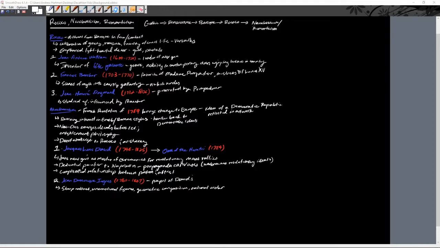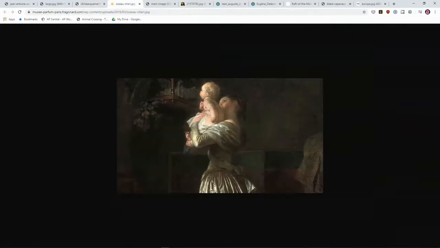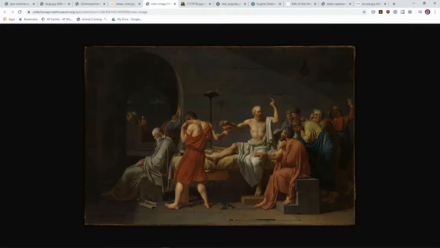All right. So again, here's our last Rococo. And here is one of Jacques-Louis David's paintings. I did not put the Oath of the Horatii in here because it is in the resource. This is Socrates taking the poison that he has been condemned to take by the court of Athens. For those of you who don't know, in Plato's Apology, Socrates represents himself in front of the Athenian court, on charge of corrupting the youth.